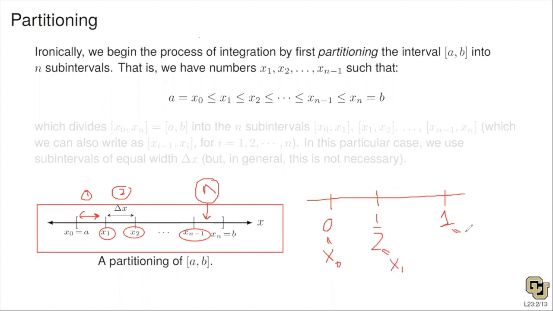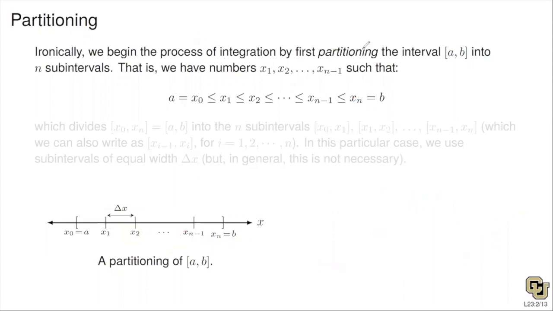And 1 here would be x sub 2. I wanted a partition with 2 subintervals, and this ends with 2. That's not a coincidence. The way the numbering system is set up, this last term is always the nth number in our partition. So that's how we find a partition.